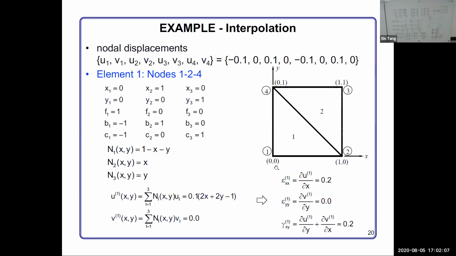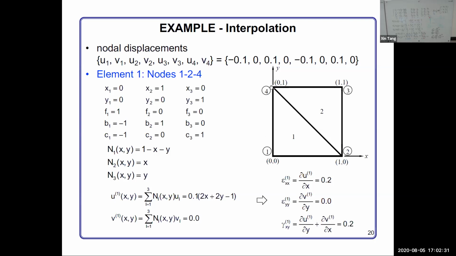And they have corresponding coordinates. Node 1 has coordinates 0, 0. Node 2 has coordinates 1, 0. Node 3 has coordinates 1, 1. Node 4 has coordinates 1, 0, right? For this square, the edge length equals 1.